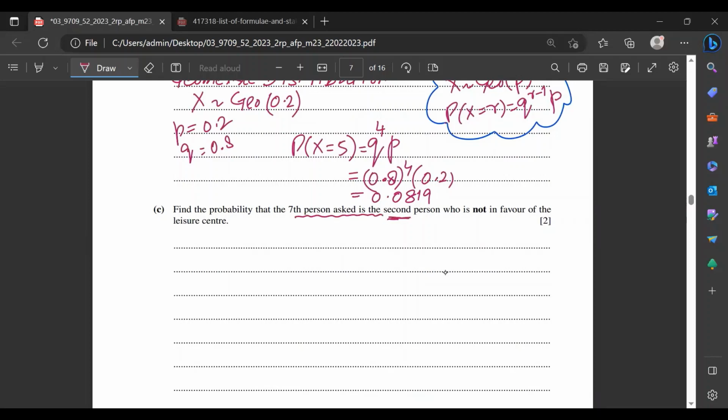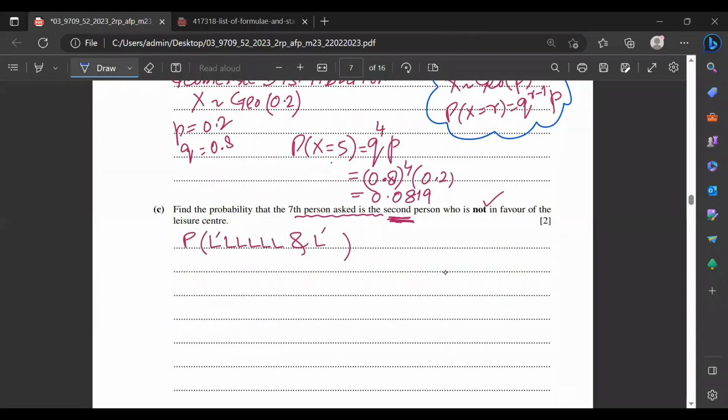I can write first not in favor, then 1, 2, 3, 4, 5, and the seventh person is not. So this is the seventh. So you can manage like this.